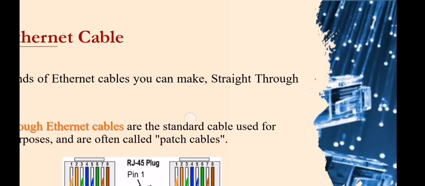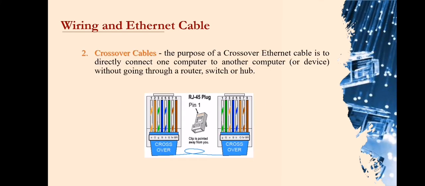Second, we have the crossover cables. The purpose of a crossover Ethernet cable is to directly connect one computer to another computer or device without going through a router, switch, or hub. So it depends.